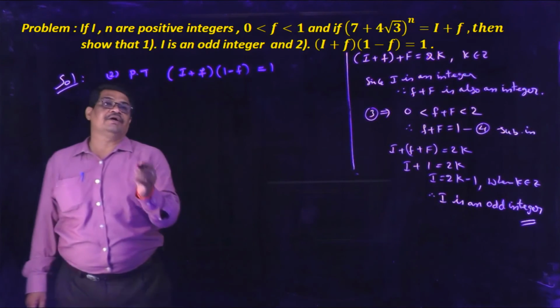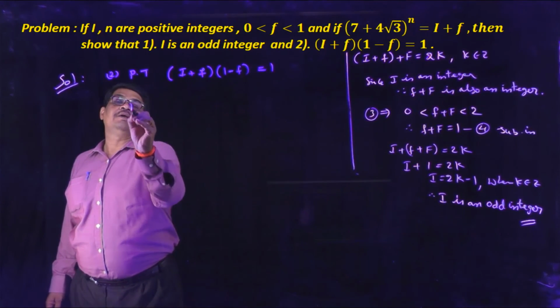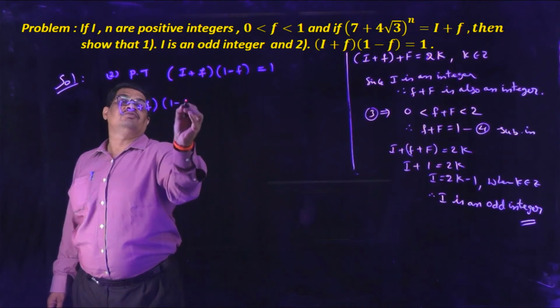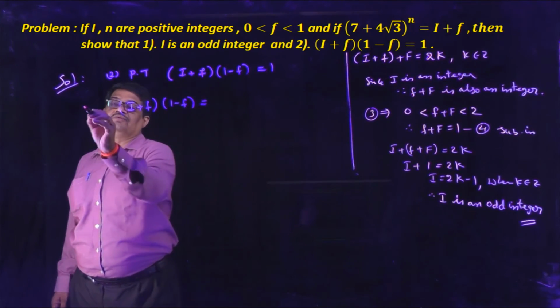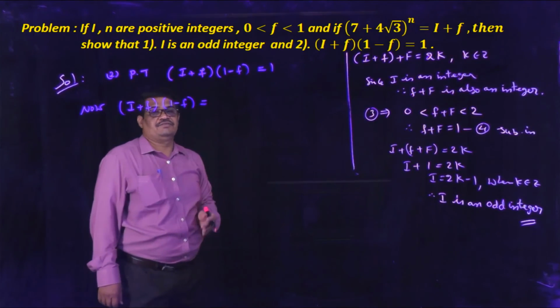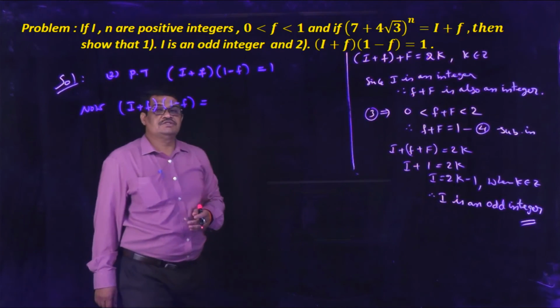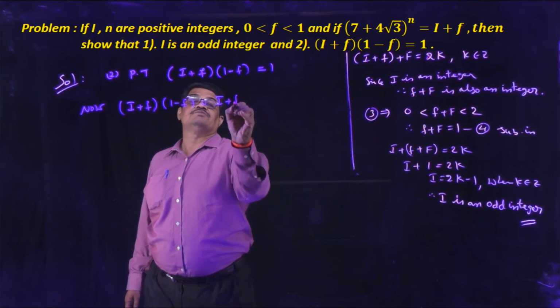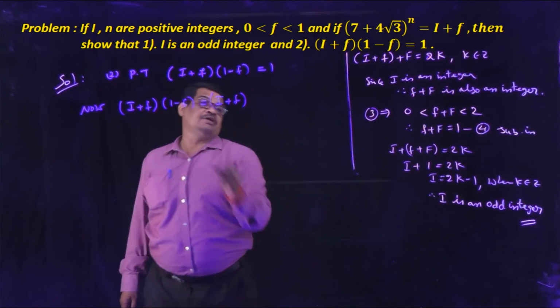We consider the term I plus f into 1 minus f. That is I plus small f into 1 minus f.